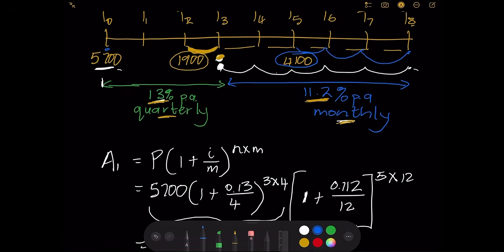Can you see that? But please remember, in this case, it wouldn't accumulate interest at that initial 13% because it was only deposited when we were having an interest rate of 11.2% on a monthly basis.